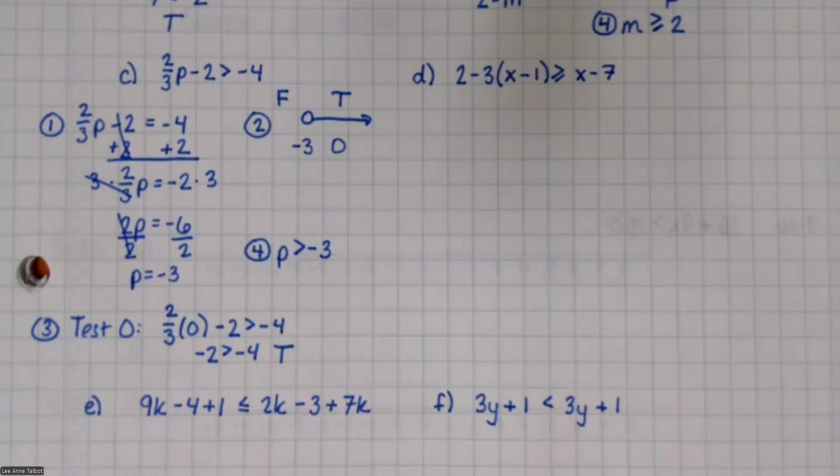So on B, the first thing you do is distribute -3. It's gonna make a positive when you distribute.